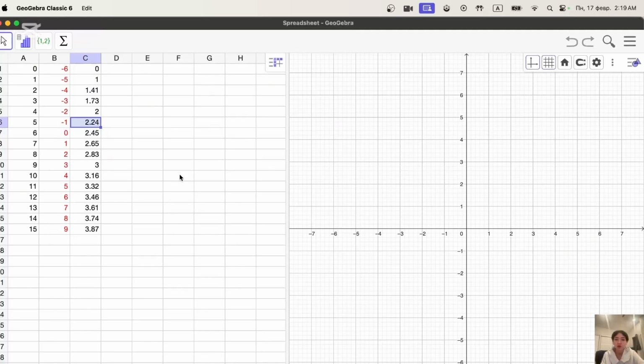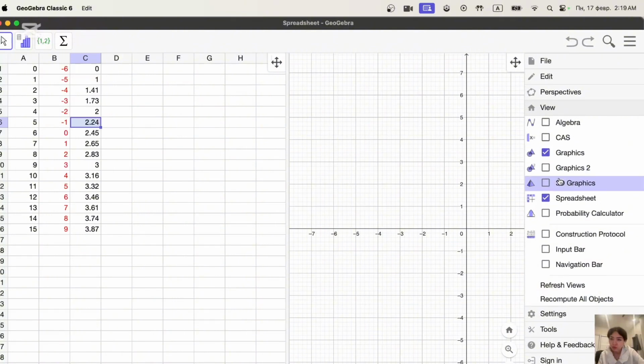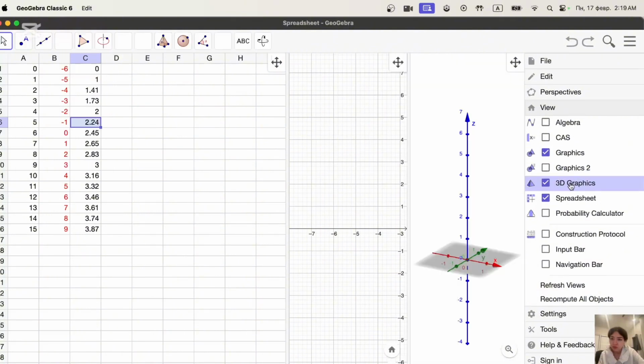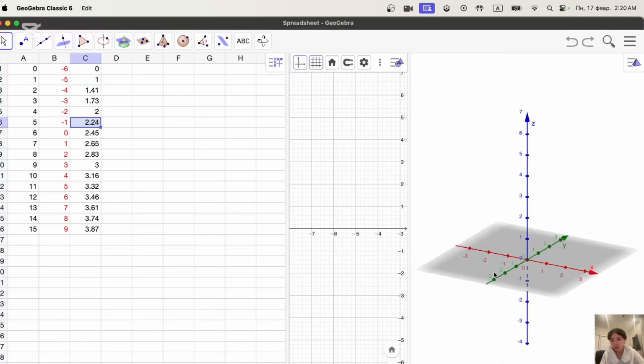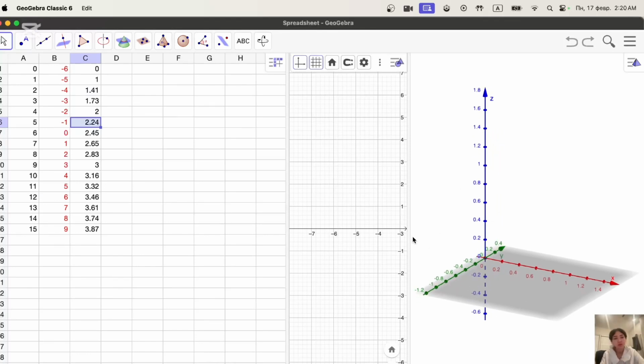So now we need to observe the graph in the graph views. This is our graphic view for our column.